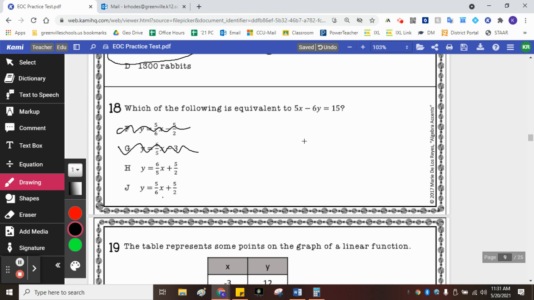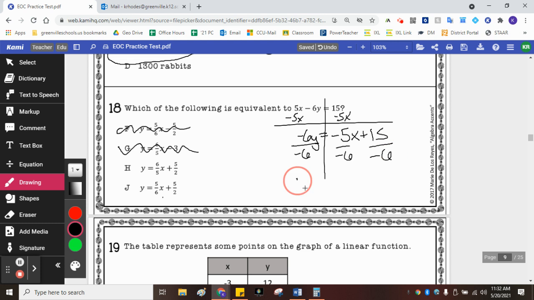You think it's J? Let's see if you guessed it right. So when we solve it, subtract over 5x. I could be wrong. It could happen. I did not do any math in that guessing. Divide over by -6. 5 over 6x.